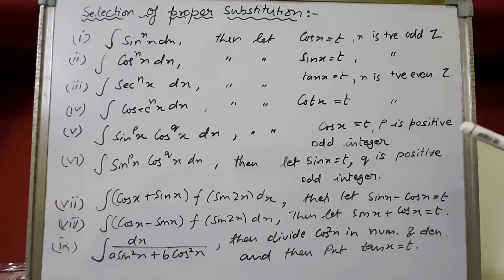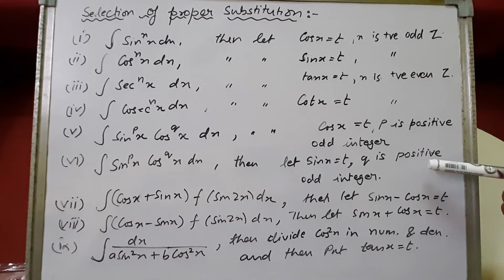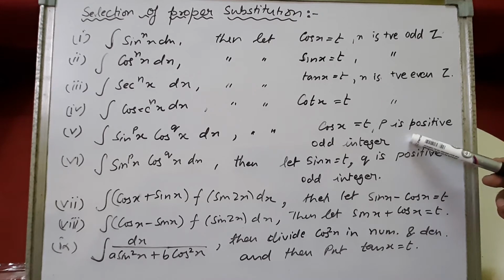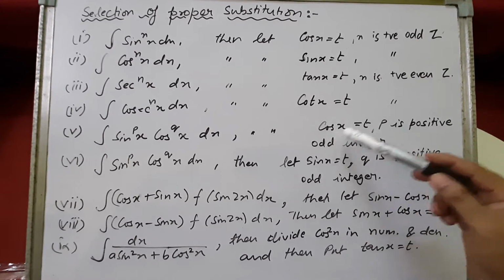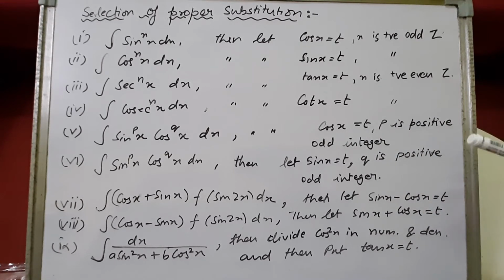And if q is a positive odd integer, then we are going to assume sin x as t. So if you find q as a positive odd integer, we are going to assume sin x as t. If we have p as a positive odd integer, it will be easy for us to integrate, right?